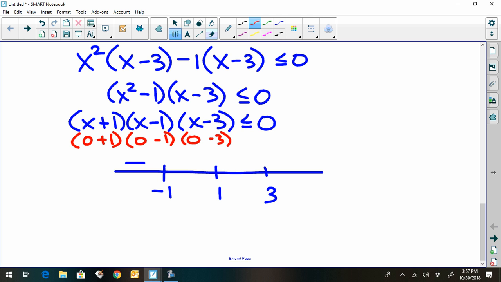So 0 plus 1, that would be positive. 0 minus 1 would be negative. And 0 minus 3 would be negative. So a positive times a negative is a negative, times a negative is a positive. So in this region, we'll get a positive value.